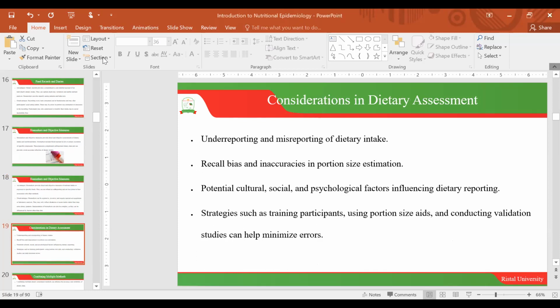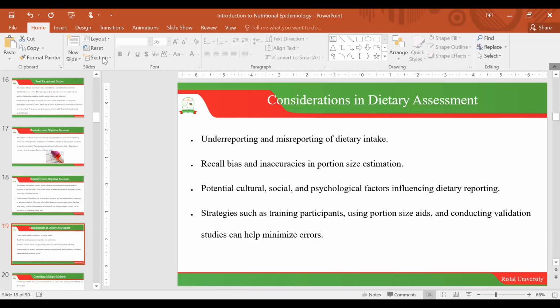The other thing that is very important, having looked at all these methods of assessment, is that you need to decide which one you're going to use. So what is your interest? What are you investigating?